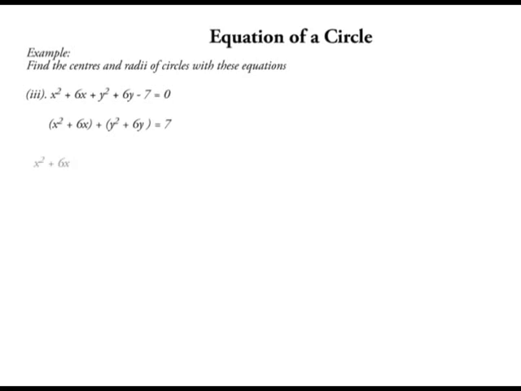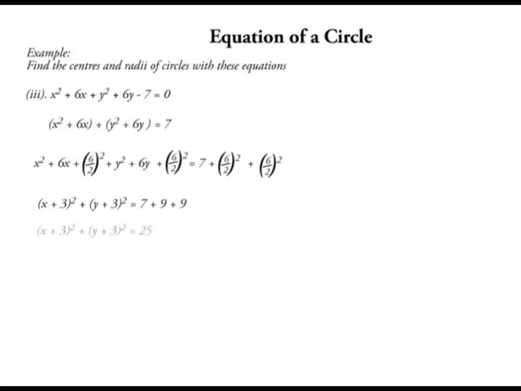So we shall have x squared plus 6x plus (6 over 2) squared, then plus y squared plus 6y plus (6 over 2) squared is equal to, we add all of them to the right hand side, 7 plus (6 over 2) squared plus (6 over 2) squared. 6 over 2 is 3, and so we shall have (x plus 3) squared plus (y plus 3) squared is equal to 7 plus 3 squared is 9 plus another 9.